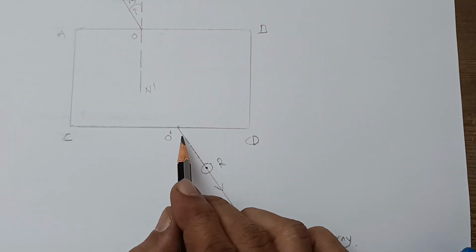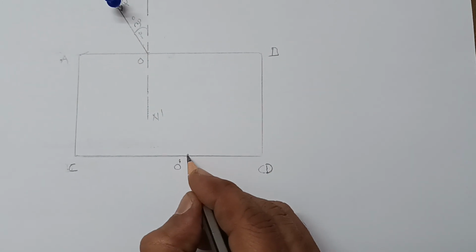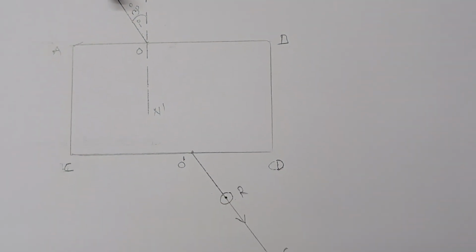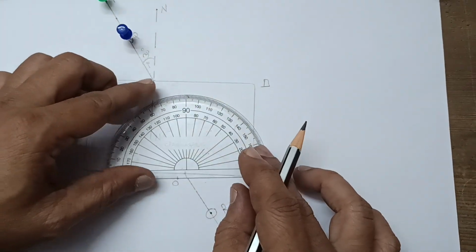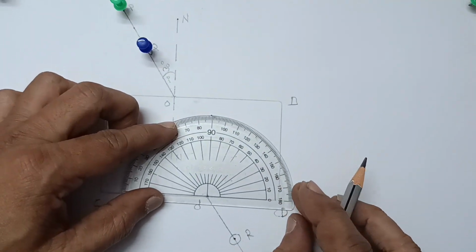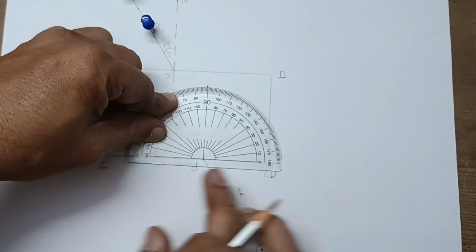Now where this emergent ray touches the surface CD, mark that point as O dash. Now from this point O dash we will draw the perpendicular to the surface CD.